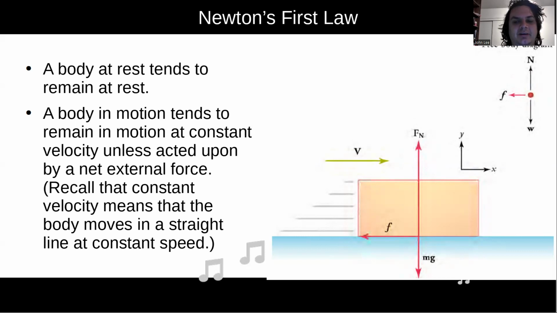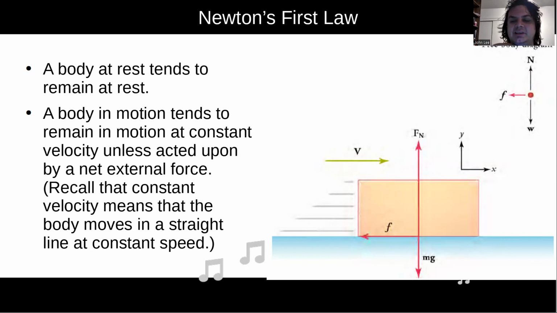If you look at the diagram on the bottom right, what you'll see is that there is a net force acting as you go across even an icy pond, but most especially if you go across a rough surface.